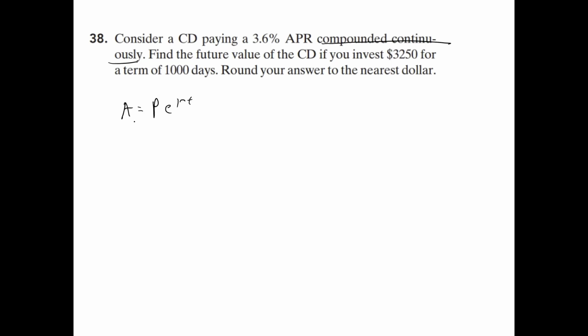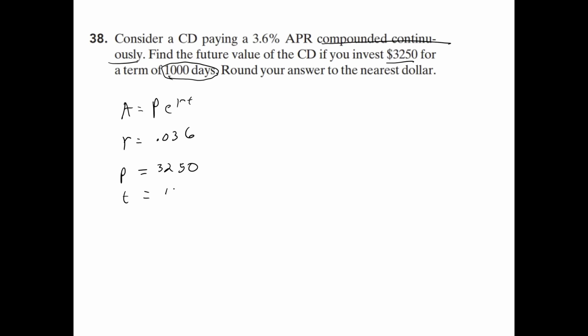So R is 0.036, right? P is the 3,250, and then T is the only thing that is a little bit challenging here. T is the time in years, and you're not given the time in years, you're given that there's 1,000 days.